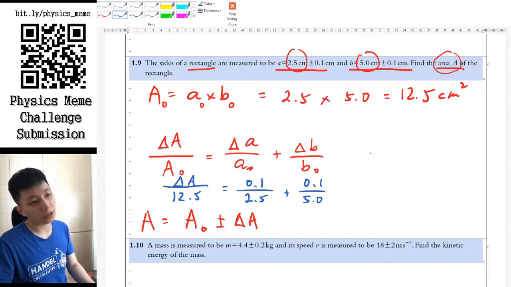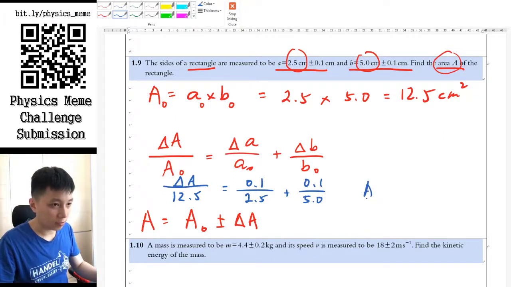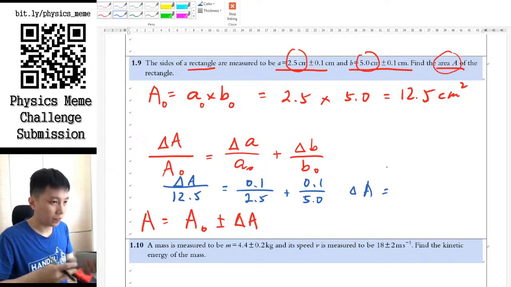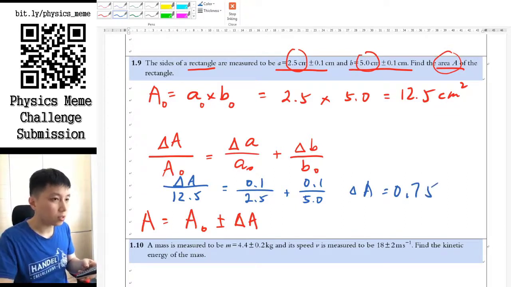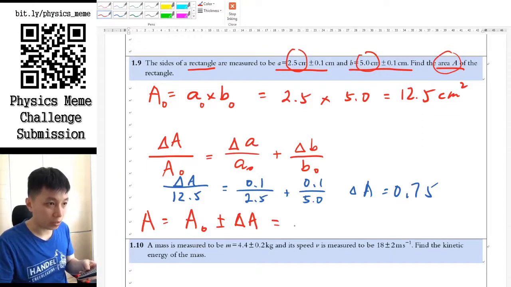Then you can just use your calculator to find out the answer, delta big A. That will be 0.75. So the final answer that you should express here would be 12.5 plus or minus 0.75.